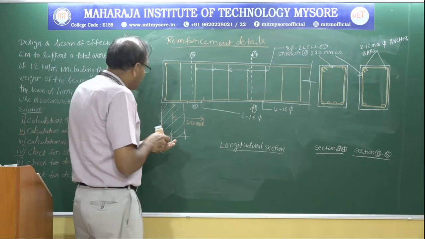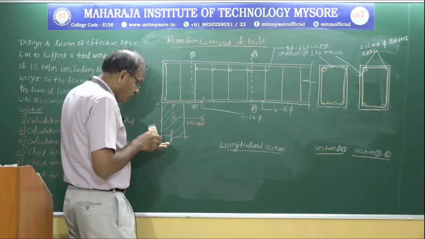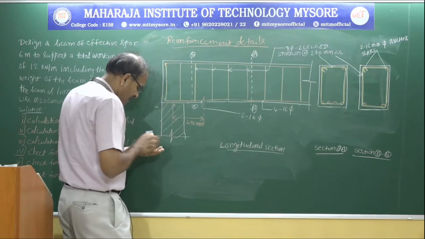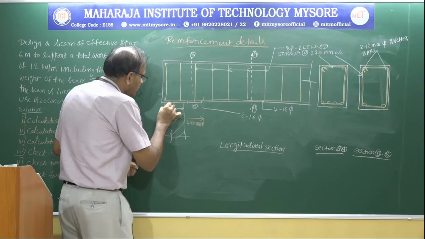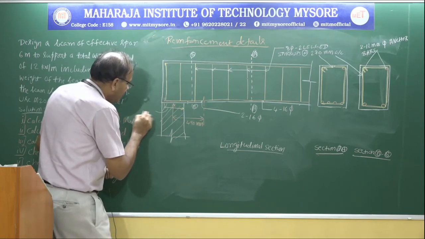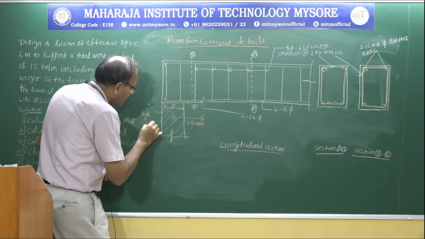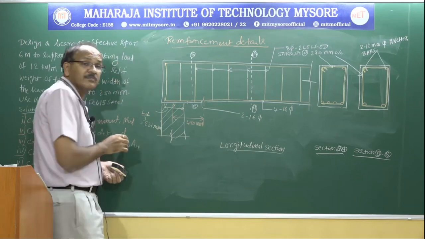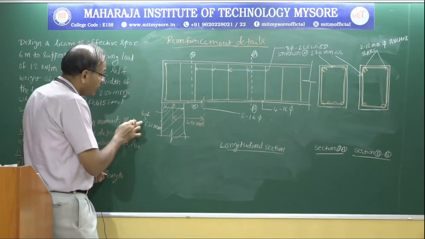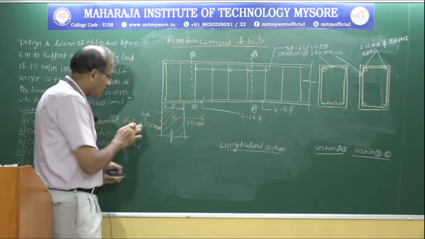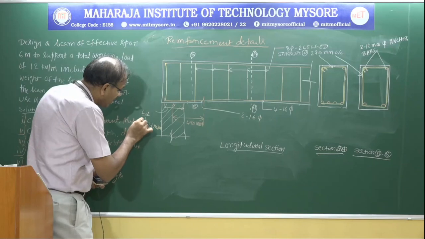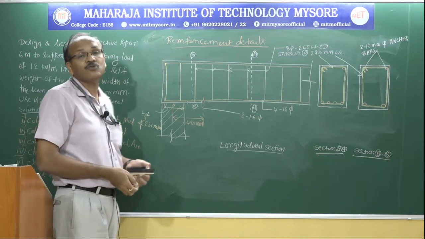So the development length should be at least equal to LD by 3, that is equal to 231 millimeter. Okay, this is the minimum one, or else I can write this as not less than 231.